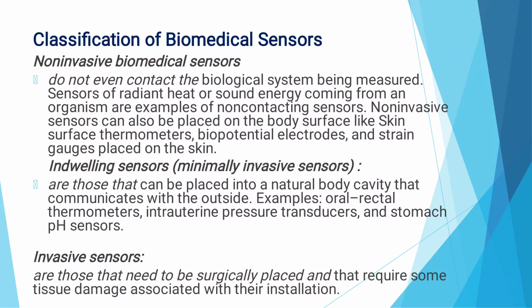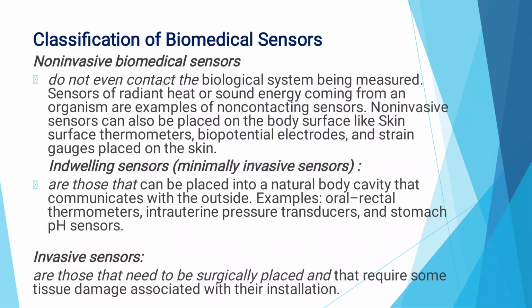Next is the classification of biomedical sensors. Biomedical sensors are classified based on how they interact with the body. The first type is non-invasive sensors. These sensors do not enter the body, and sometimes they do not touch the body directly. Examples include infrared temperature sensors, skin thermometers, ECG electrodes as well as strain gauges.